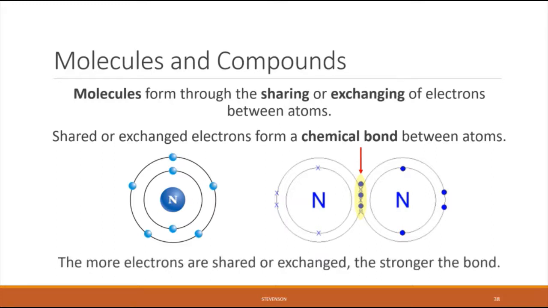The more electrons are shared or exchanged, the stronger the bond is. So in this case, we see that these 2 nitrogen atoms are each bringing 3 of their electrons to the table to share with each other. And so this is a pretty strong bond because they are sharing 3 pairs of electrons with each other. The more electrons shared or exchanged, the stronger the bond.